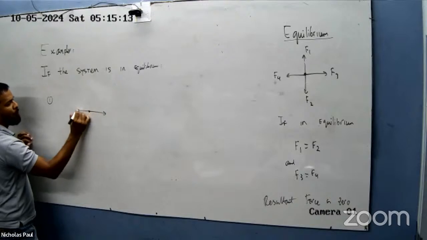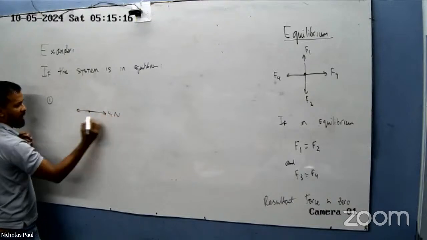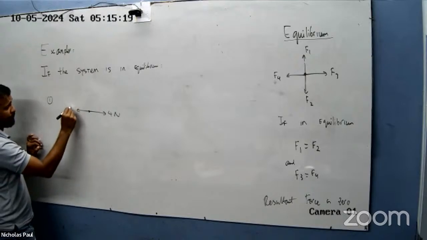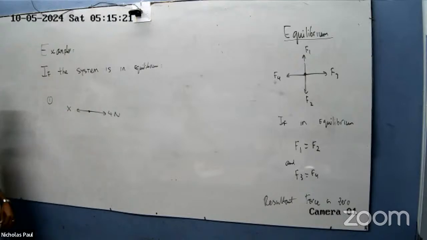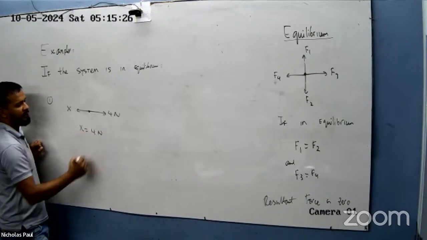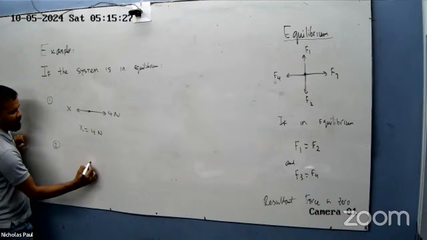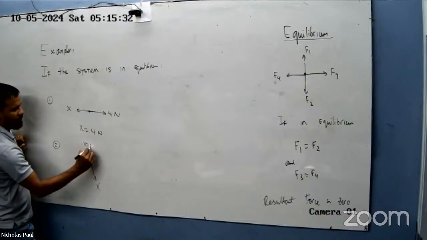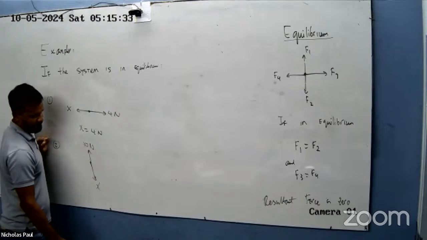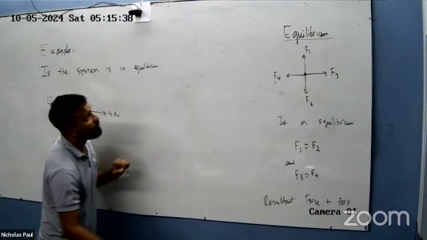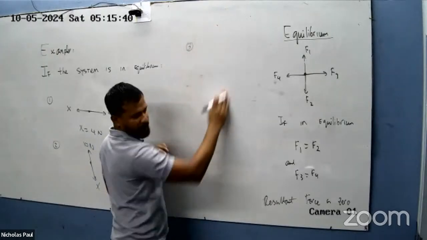These you can do mentally. Here's 4 newtons. What is x? x is 4 newtons. What about if it's something like this? X is what? 10 newtons. What about this?